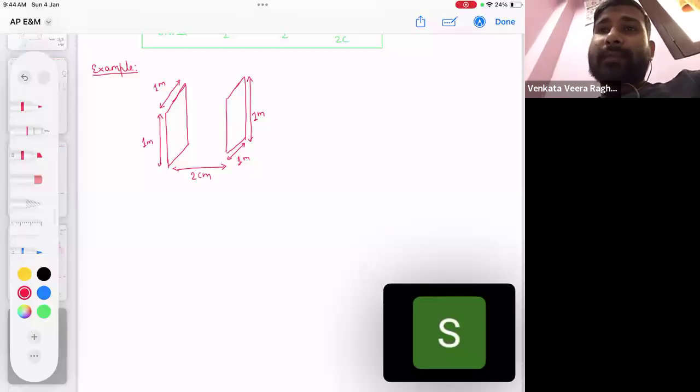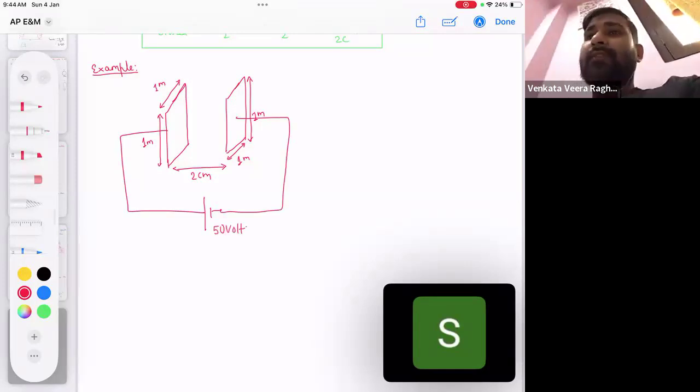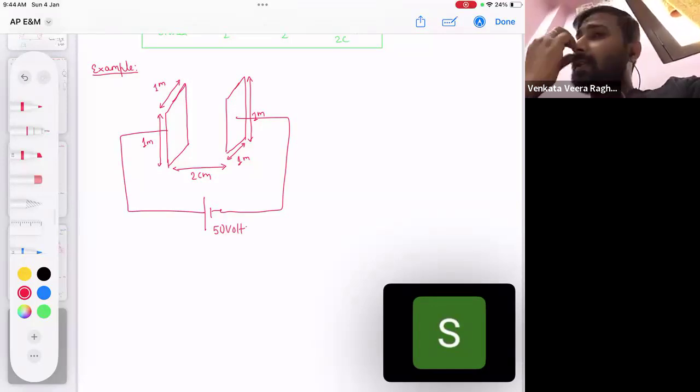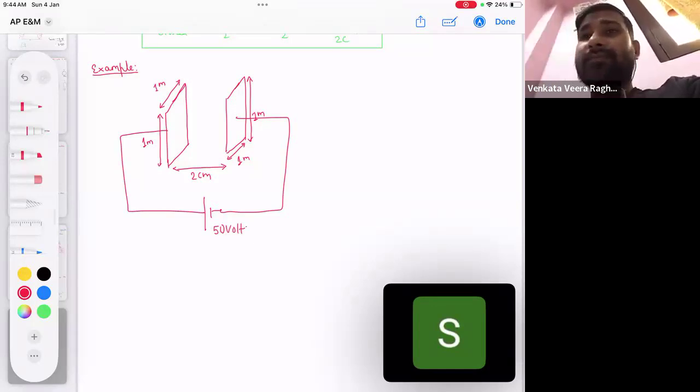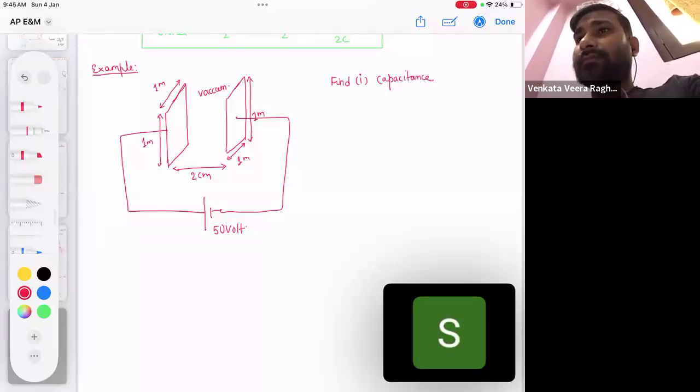And it is connected with a battery. These two plates are connected with a battery of EMF 50 volt. Initially, the medium is vacuum. Find out a few things. First, the capacitance of this system.